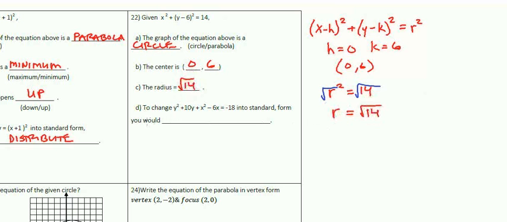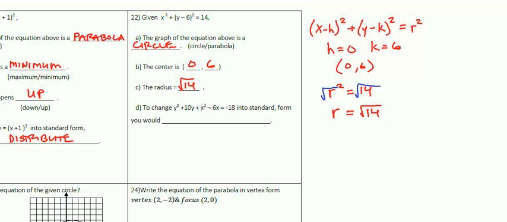Letter D is asking us, how do we change this equation into standard form? And if you look at this, this is called the general form of a circle. We have a squared y value, we have a squared x value, but it doesn't have any form that tells us what the center is or what the radius is.